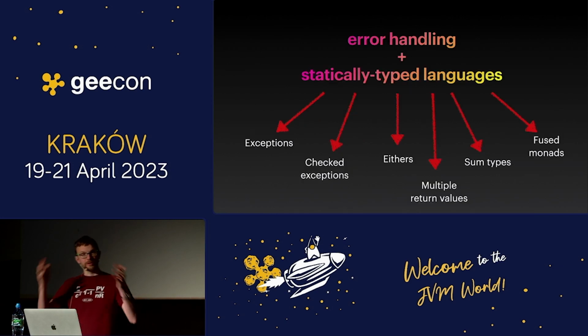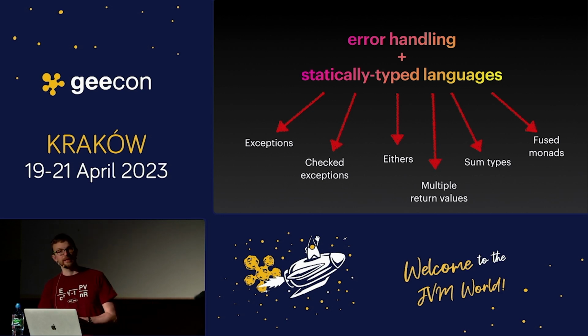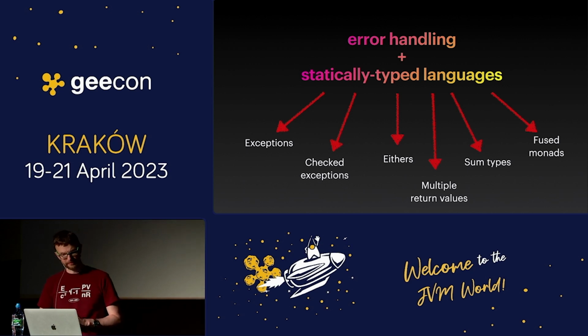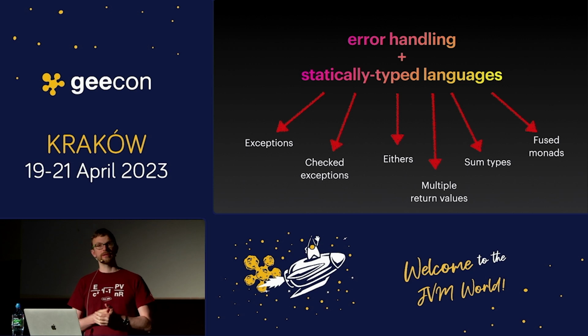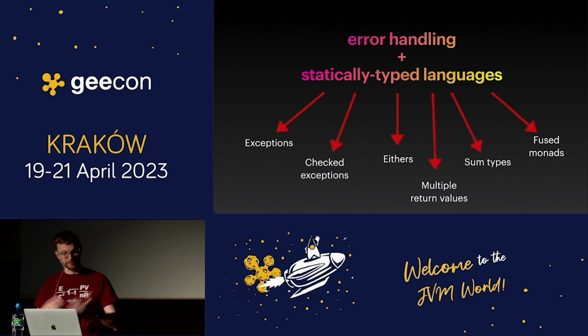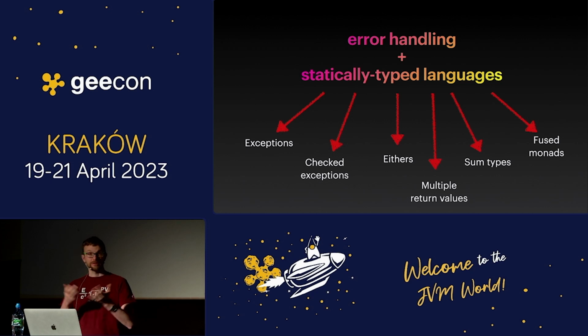If we look at the broader perspective here, how can you do error handling in a statically typed language? I think it will turn out that it's kind of a research problem. There's no good way that people have discovered on how to handle errors in a statically typed language. There's a number of approaches, and all of them are bad in some way. We've got exceptions, the unchecked variant, which are not so type-safe.